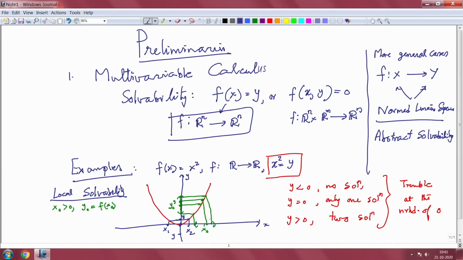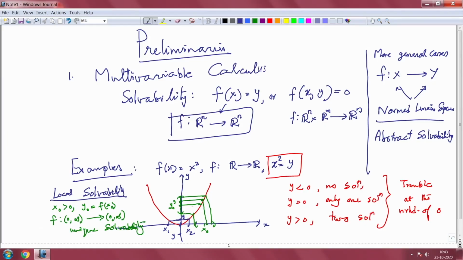So, that means in fact this neighborhood can go from 0 to infinity. That means if you restrict your function f to 0 to infinity, then you have unique solvability, that is what you see that way.